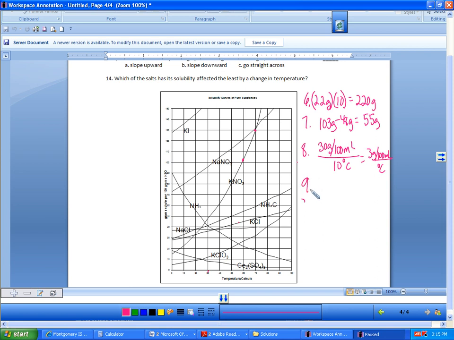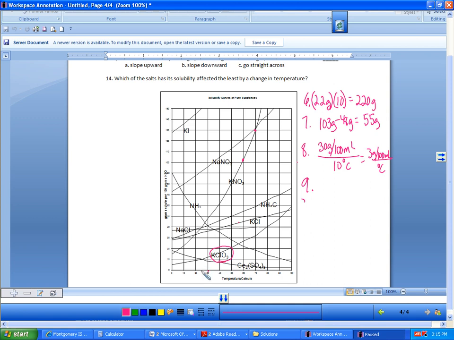Now let's go on to number 9. Number 9 says, if 50 milliliters of water that is saturated with KClO3 at 25 degrees Celsius is slowly evaporated to dryness, so we're going to take all the water away, how many grams of the dry salt would be recovered? So we have to find out what we started out with. We're looking at KClO3.